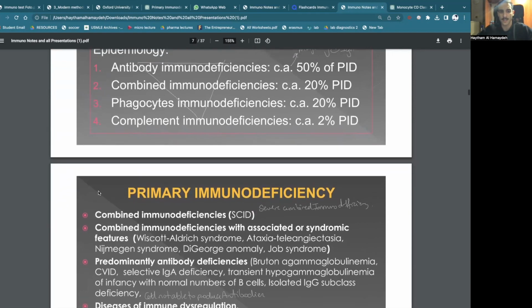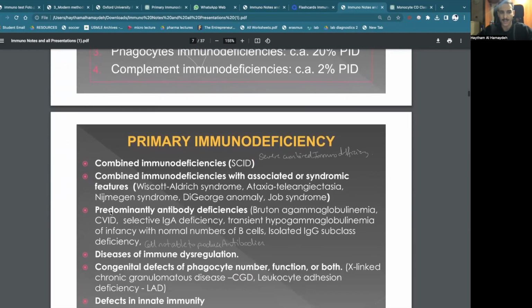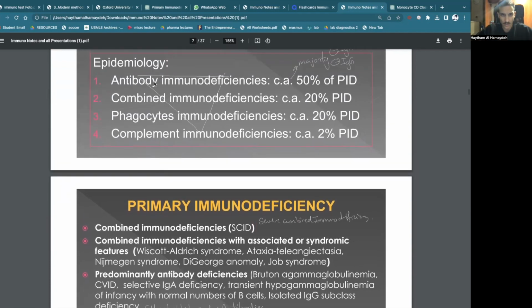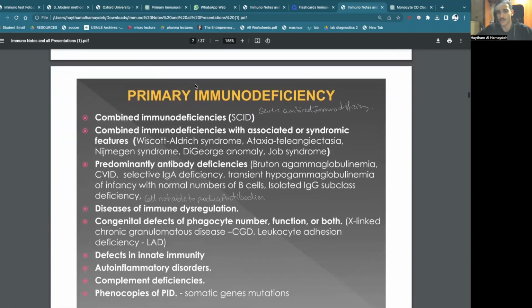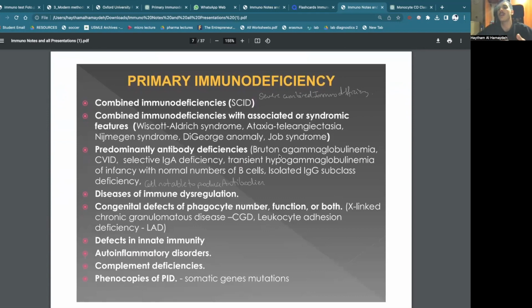The third point in this slide refers to the names of diseases that lie within the antibody part of the PID, antibody immunodeficiencies, and they're also 5, and all of them refer to deficiencies in some way about the presence of antibodies, and their names: Bruton agammaglobulinemia, common variable immunodeficiency, selective IgA deficiency, transient hypogammaglobulinemia, and finally isolated IgG subclass deficiency.